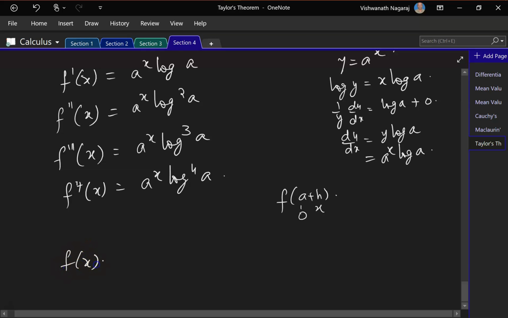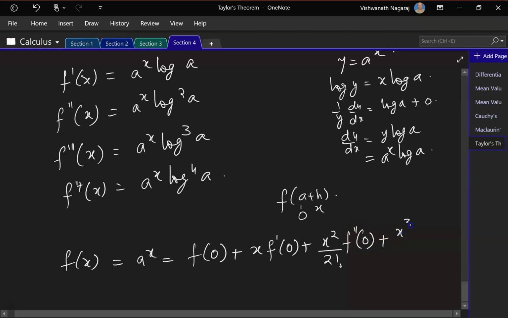So f of x, which is equal to a to the power of x, can be written as f of 0 plus x f prime of 0 plus x square by 2 factorial f second derivative plus x cube by 3 factorial f third derivative at 0 and so on.